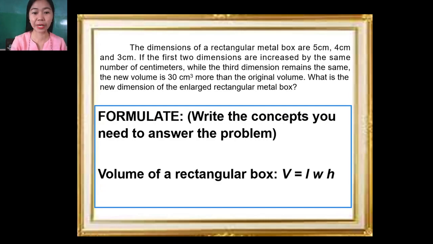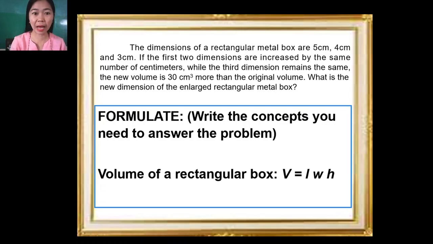We are going to apply the formula in finding the volume of a rectangular box, which is V equals LWH. So, the volume is equal to length times width times height.